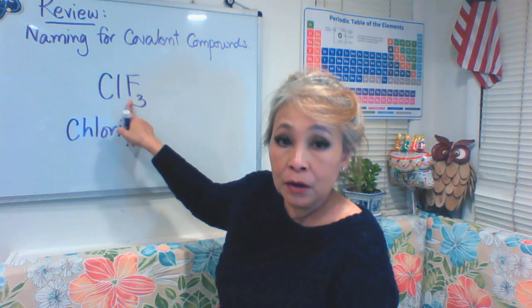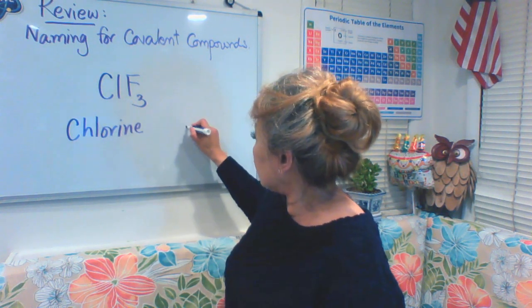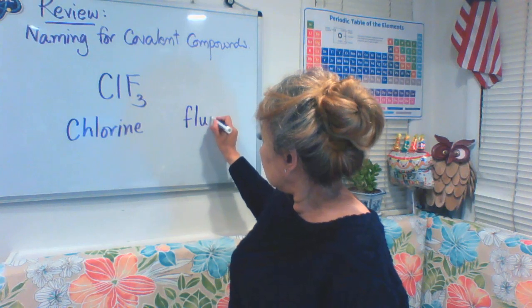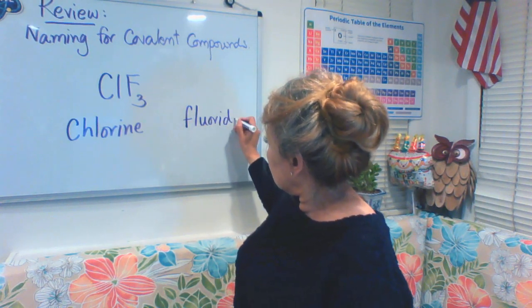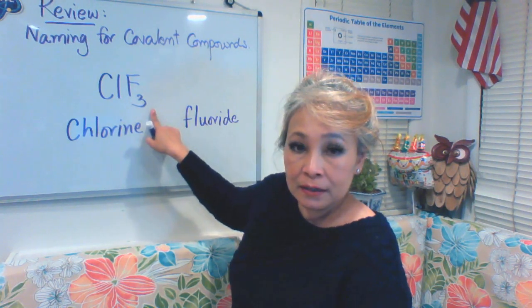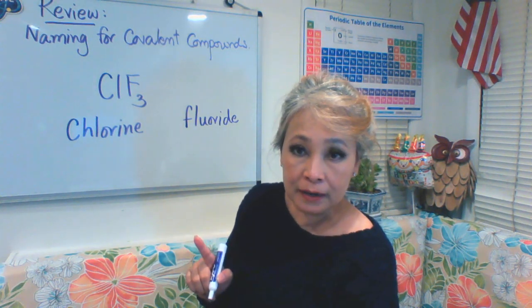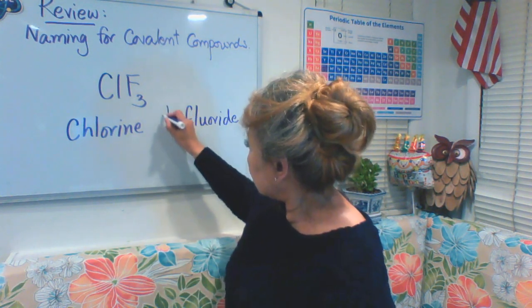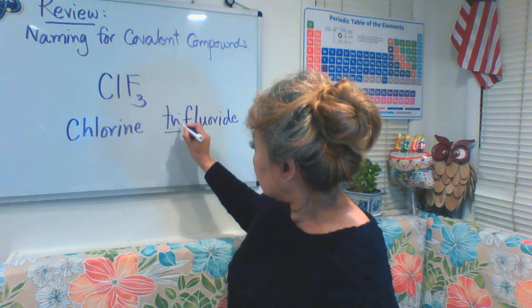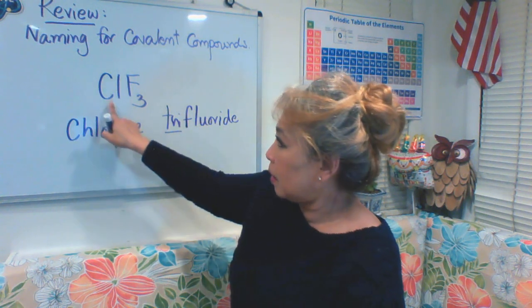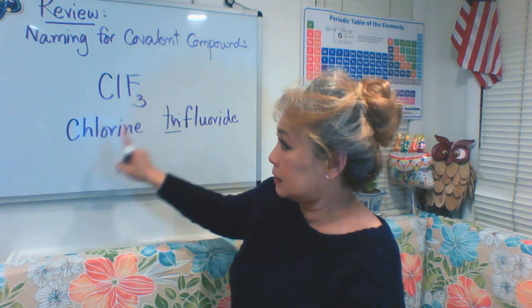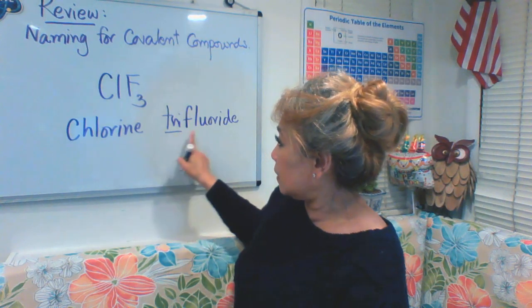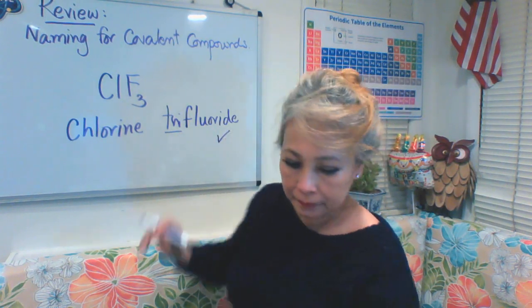F is fluoride. Write down. How many atoms? 3. What is the prefix for 3? Tri. The name of ClF3 is chlorine trifluoride.